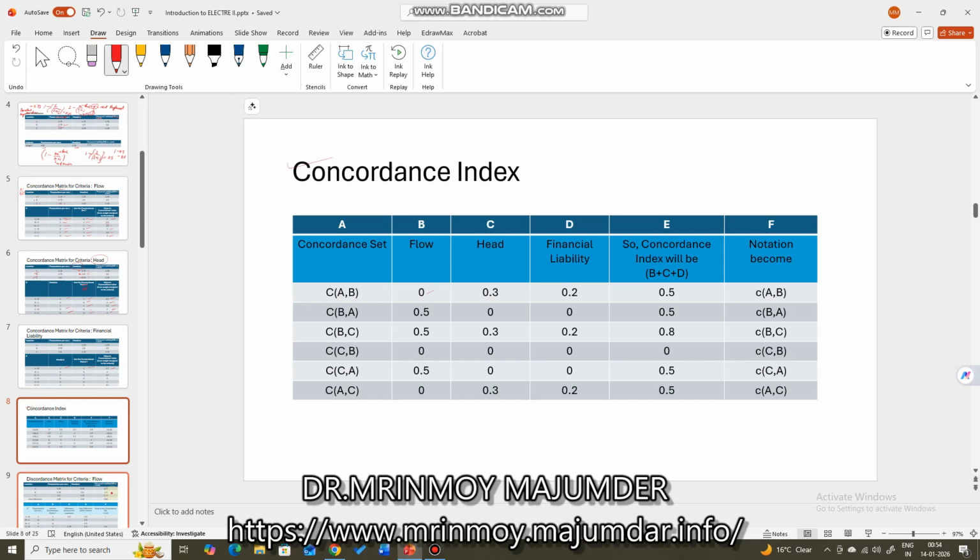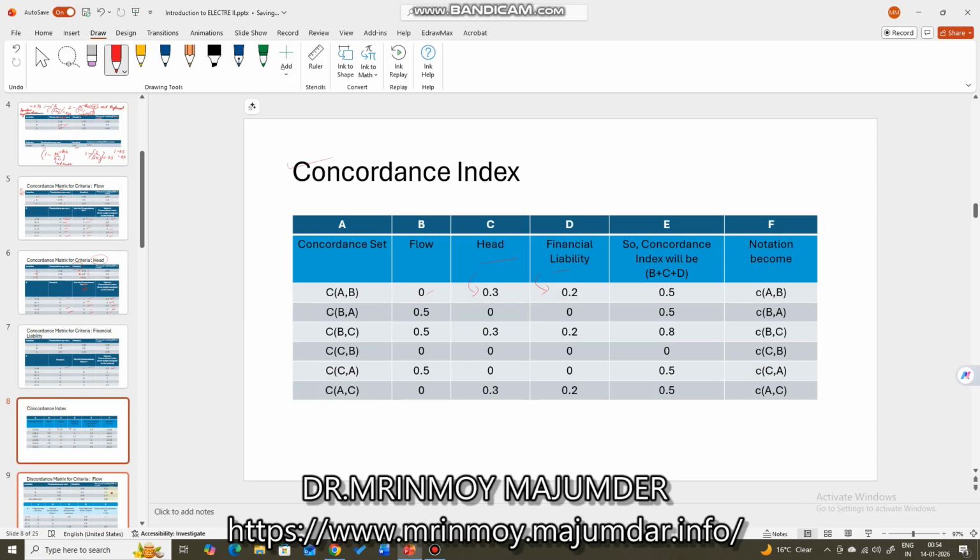But for head, yes, A is greater than B. For financial liability, yes, A is greater than B. So the weightage of the corresponding criteria comes into the concordance index.